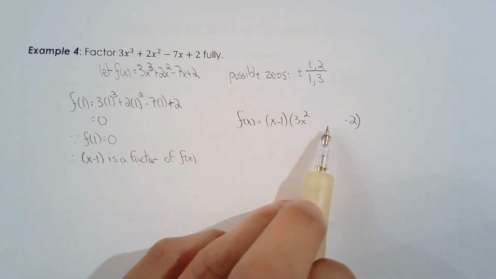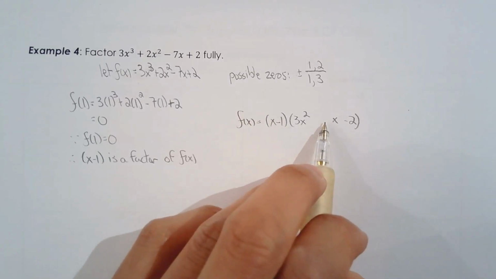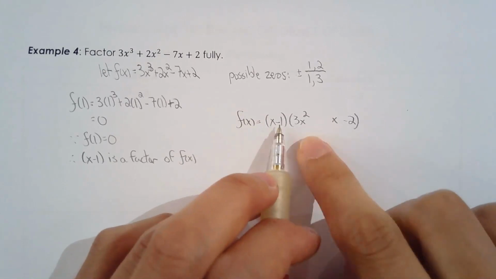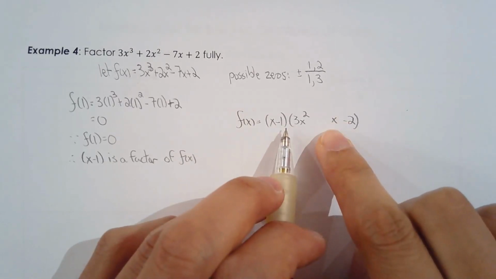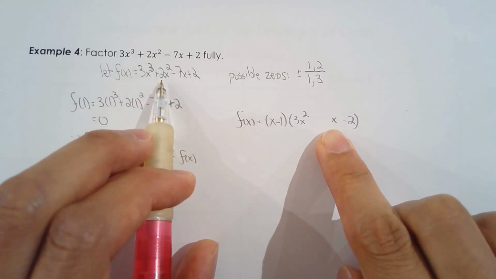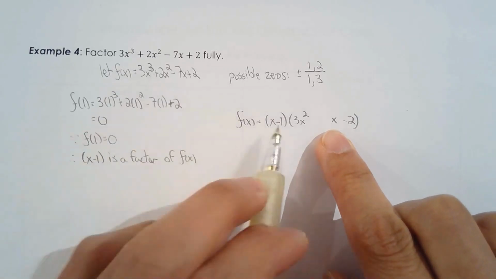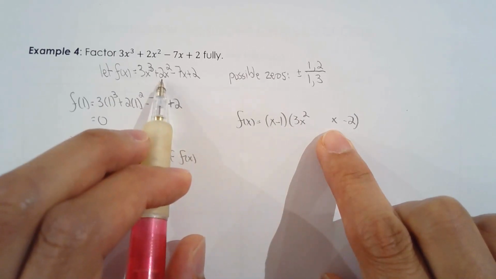Now x times this mystery x term, the middle term, will give me another x squared term. When I collect these 2 terms, the -3x squared with this mystery x squared term, I have to get 2x squared. Otherwise, I'm wrong. So I have -3x squared, but I want to get to 2x squared.